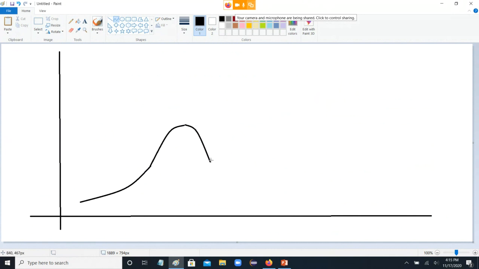Then it comes back down at lunchtime, and then maybe it goes back up again in the evening, and then stays busy for a while.